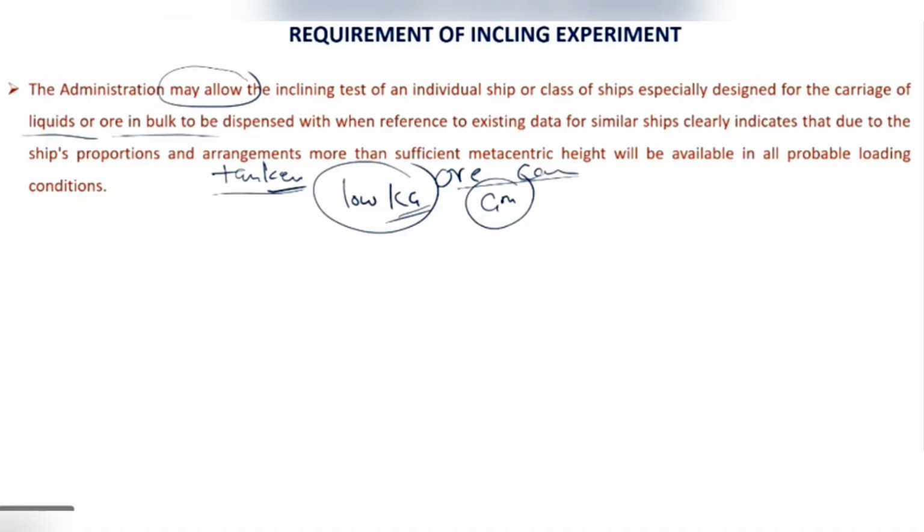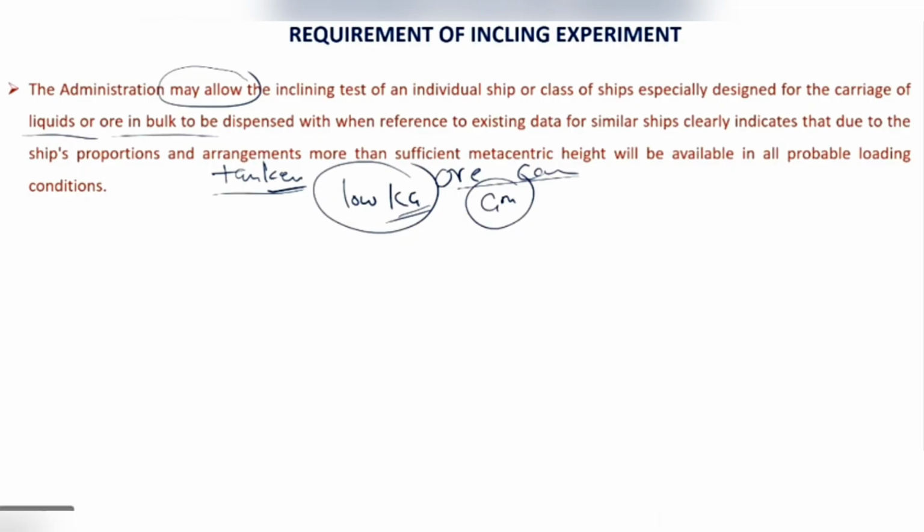So if the yard or the owner of such ships, where they will have ample GM up their sleeve, puts up another alternative method of assessing the KG, the administration can review that process, and if satisfied, the administration may allow the inclining experiment of those ships to be dispensed with.